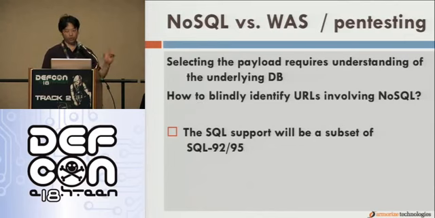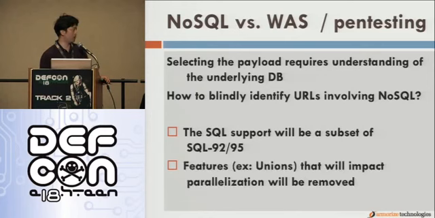Usually, NoSQL implementations of the SQL interface will be a subset of SQL-92. However, features that impact parallelization typically will be removed, for example union. So when you see that you can manipulate the SQL command but some commands are absent, especially union, you know that underneath it's probably a NoSQL database.